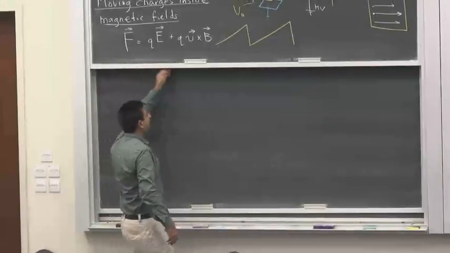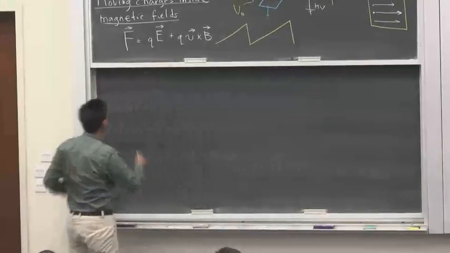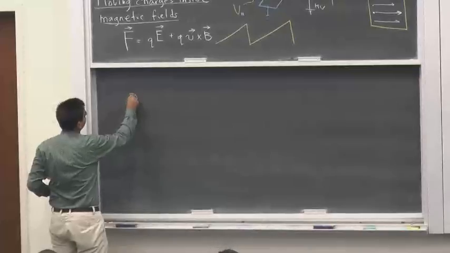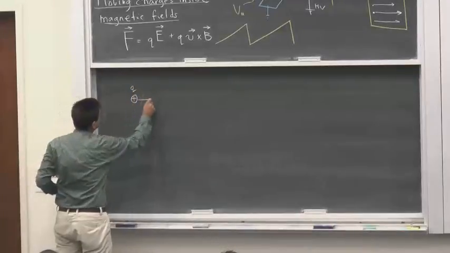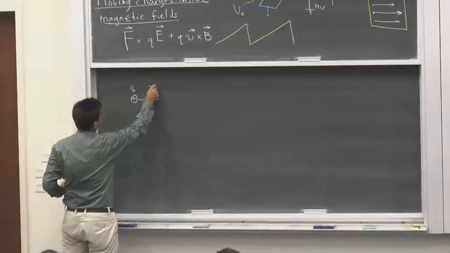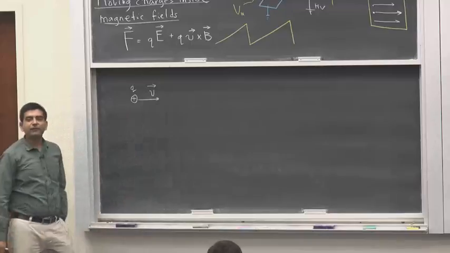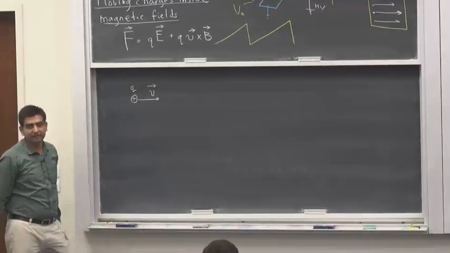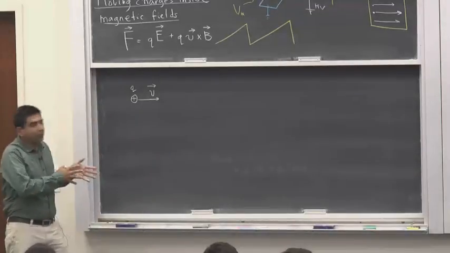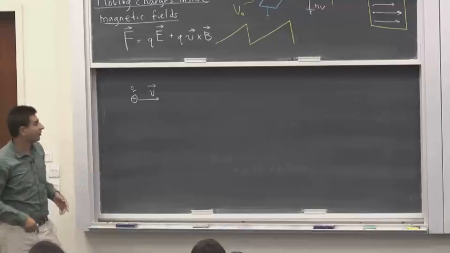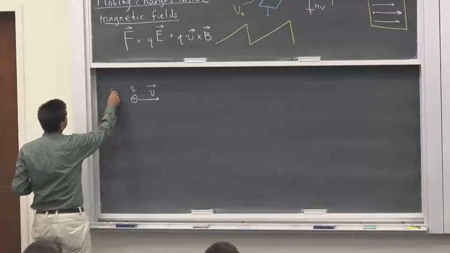Now let's draw a diagram of what's going to happen if I have a positively charged particle of charge Q that is moving rightwards with the velocity V. And all of this is placed inside a magnetic field, and the magnetic field is disposed normally to the direction of the velocity. So the field is pointing outwards.